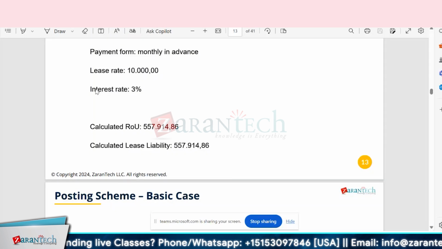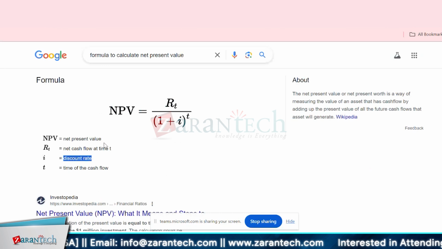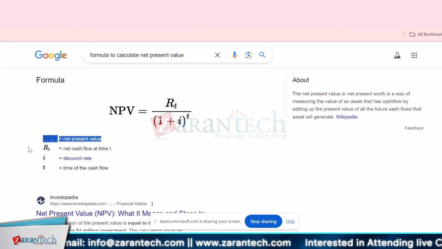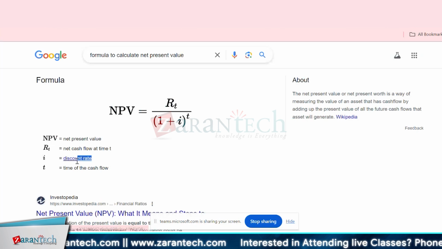Interest rate is by what percent your contract will be discounted, right? When we say discounted, that is nothing but net present value. Discounting is nothing but your net present value. So what exactly we are doing over here is also net present value. And discount rate is also nothing but the interest rate at which we will be discounting the whole contract.